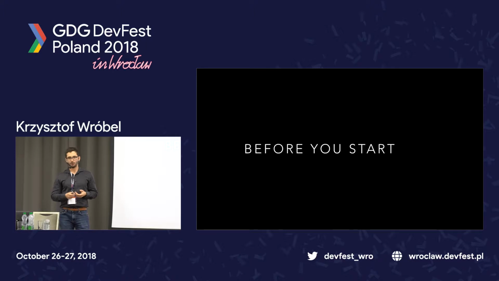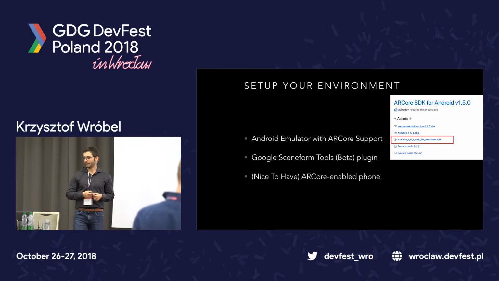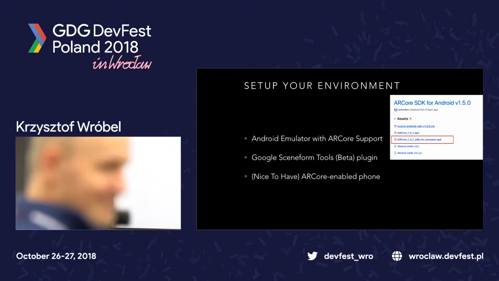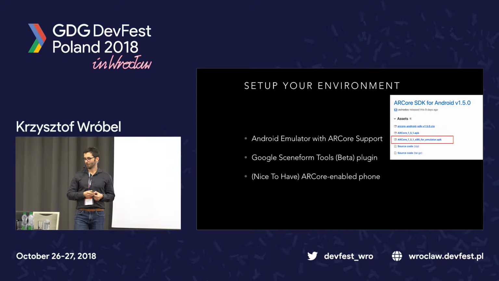So first, before you start even thinking about developing for ARCore, I think it's really good to set up yourself an environment. The current Android emulator has ARCore support. I will show you during the demo how you can interact with the emulated version of ARCore.